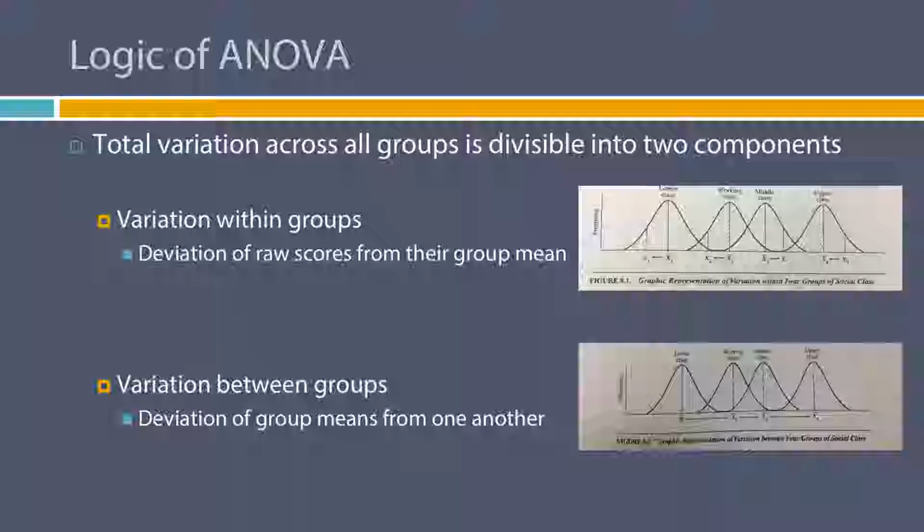The logic of ANOVA really is trying to specify, do these curves, right? Because we're assuming that there's an underlying normal curve for every group. The logic of ANOVA says, if these groups are truly different from one another, there should be no overlap. So lower class should not overlap with working class, should not overlap with middle class, should not overlap with upper class, right?